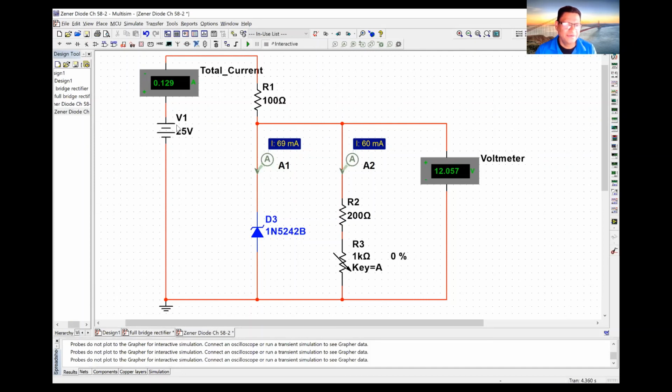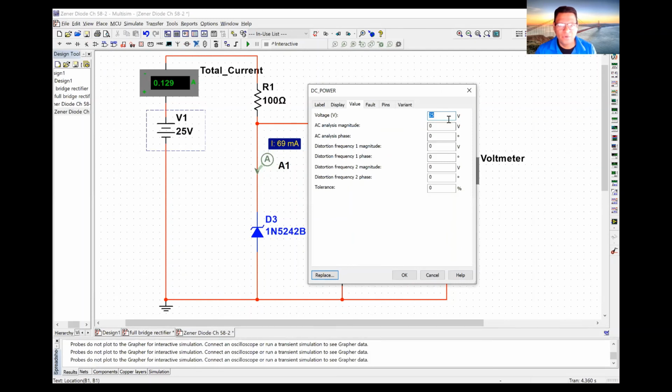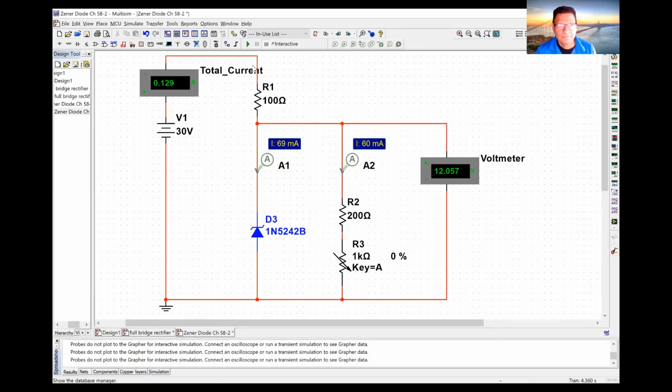If I increase the voltage even a little bit more to 30 volts now, I will increase my total current to 179 milliamps, but I still have pretty much 12 volts.